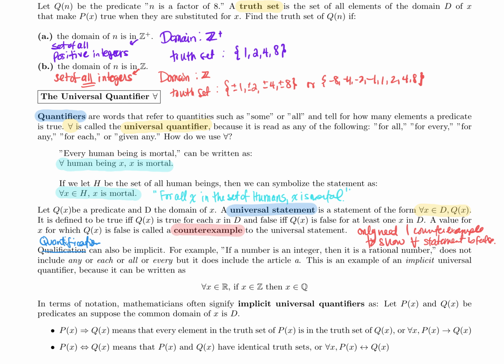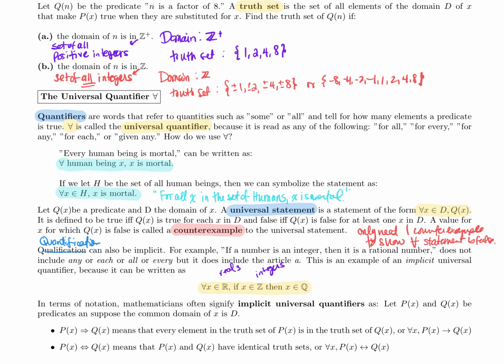So we can write this one in a really cool way because this is something that we haven't seen yet. It says, for all x in the set of real numbers, if x is an integer, then x is rational. So I just threw at you a whole bunch of brand new symbols, right?